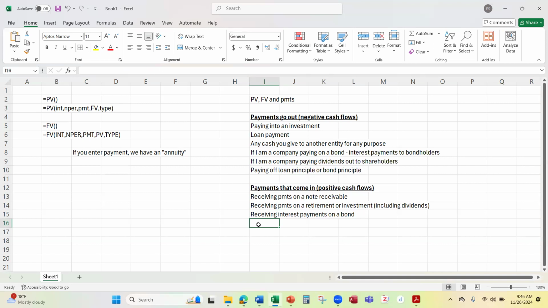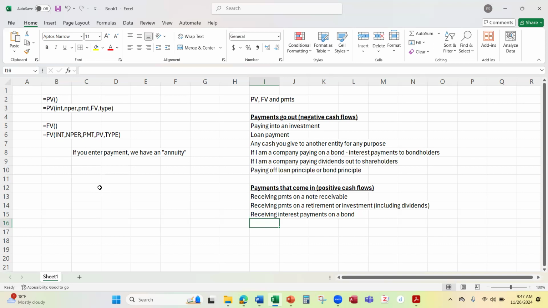So when you do these formulas, or you're doing any kind of time value of money calculation, you want to make sure that you're putting things in based on whether they are a positive cash flow or a negative cash flow. And here's why.